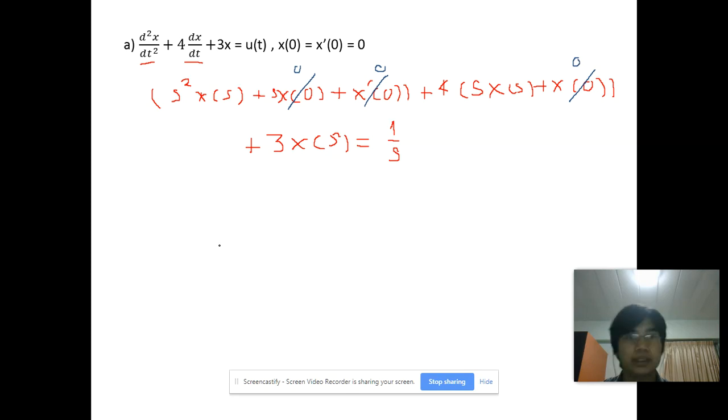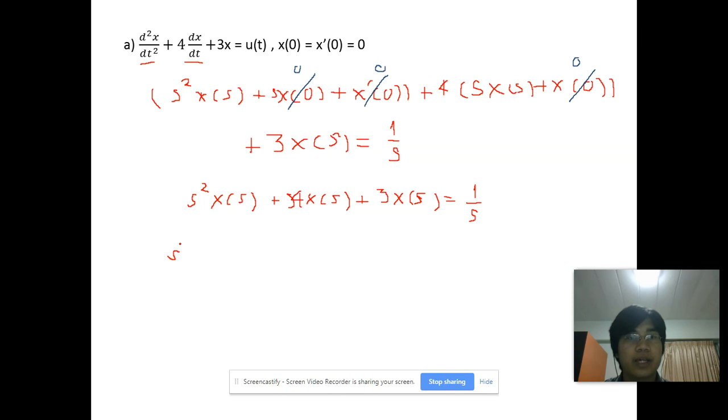So we rewrite the equation, it will become s squared X(s) plus 4sX(s) plus 3X(s) equal 1 over s.